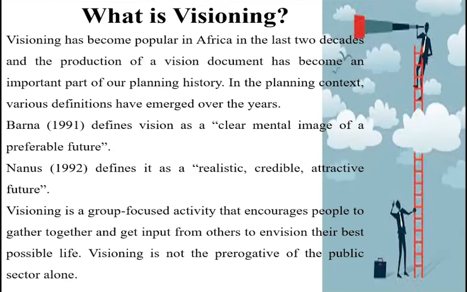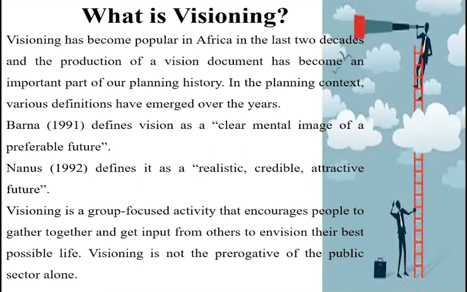But some define visioning as a group-focused activity that encourages people to gather together and get input from others to envision their best possible life. But in all these definitions, you will see that the future is common. They're really talking about the future. Our mental picture of the future is being examined, is being x-rayed.